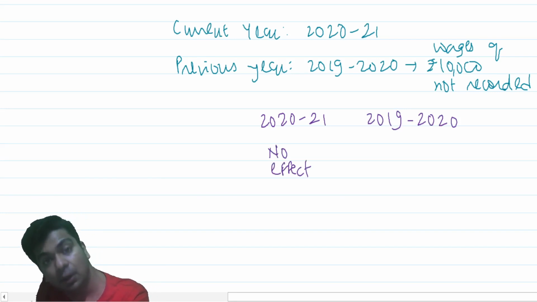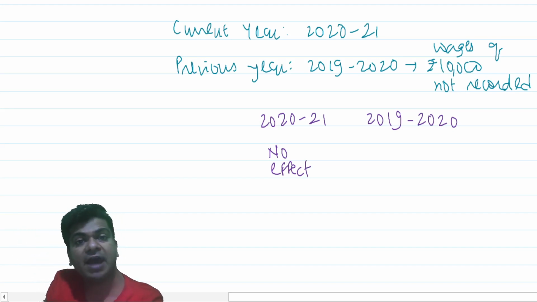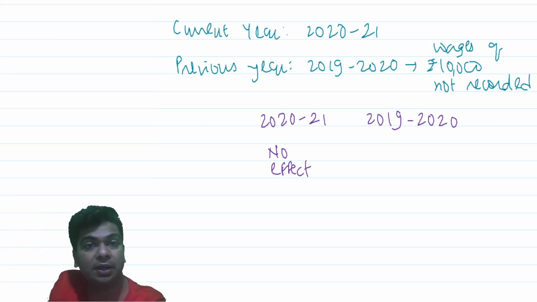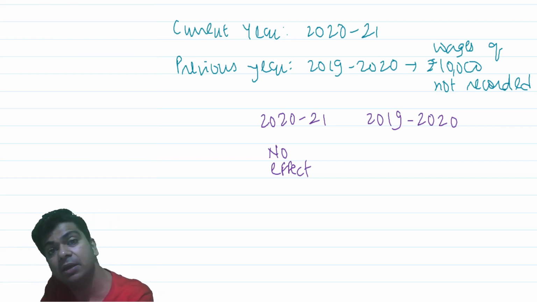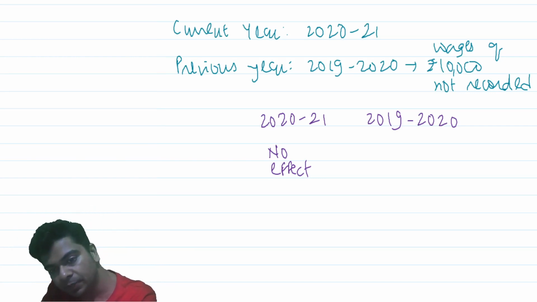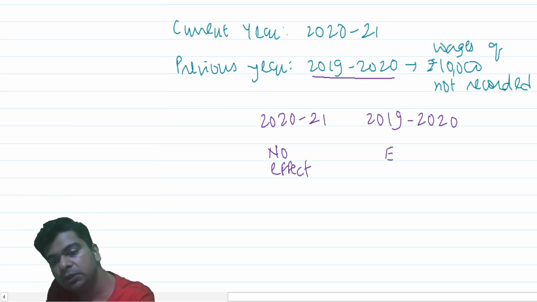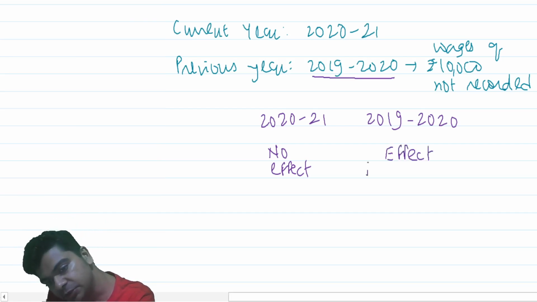Why should I give its effect in the current year? Prior period items' effect will never be given in the current year. After all, it is not a current year item. That's the reason we are saying prior period, right? That's the reason its effect has to be given in the prior year. The mistake was committed in the previous year, so give the effect in comparatives.